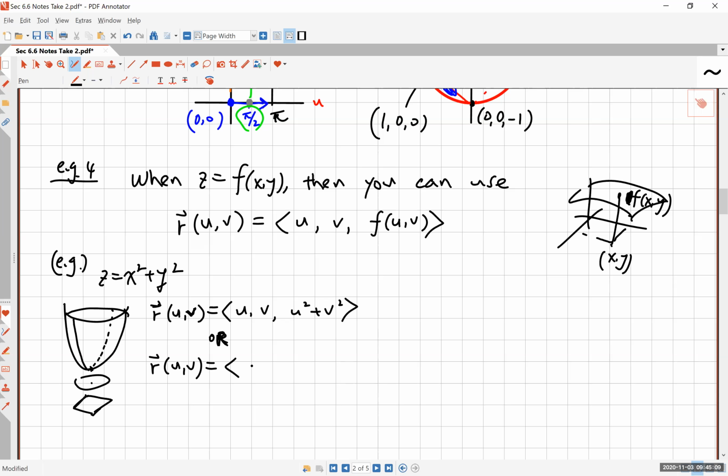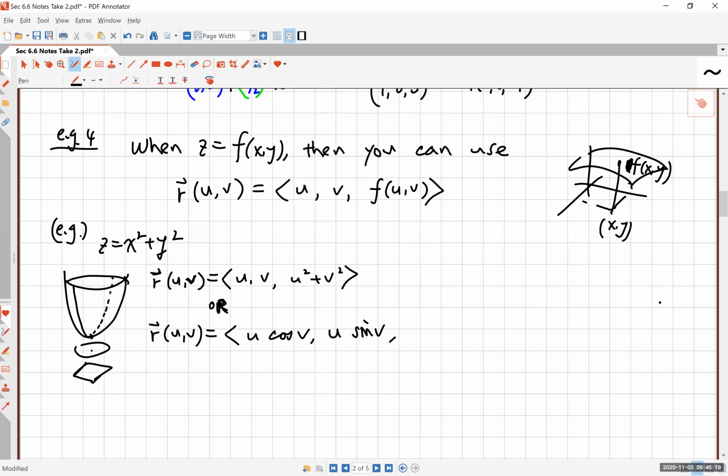Watch. We can also parameterize this as u cosine v, u sine v. Now, this is something you have to learn. I haven't asked you to parameterize anything yet, except for the simple case. And so what allows us to figure out what the parameterization should be?